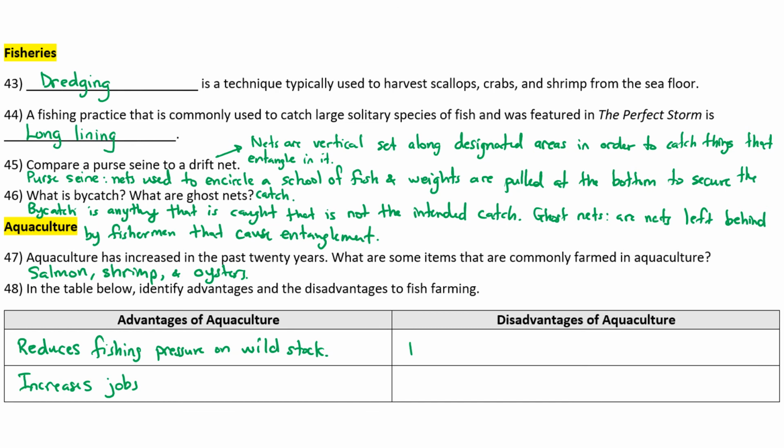Then the other is diseases from keeping fish in close proximity to each other. And then it is also expensive.